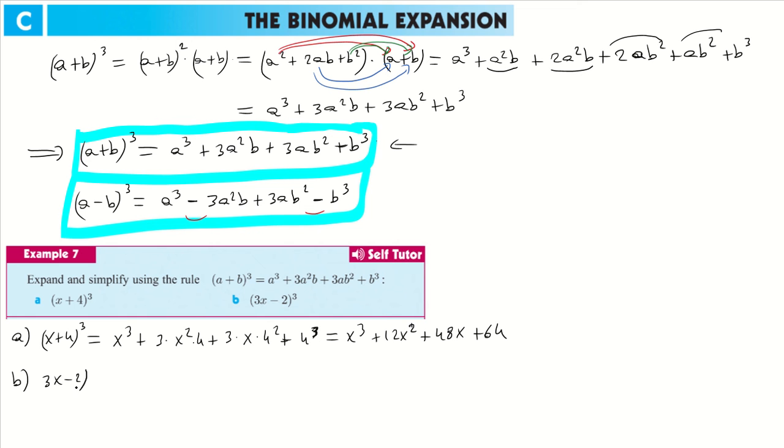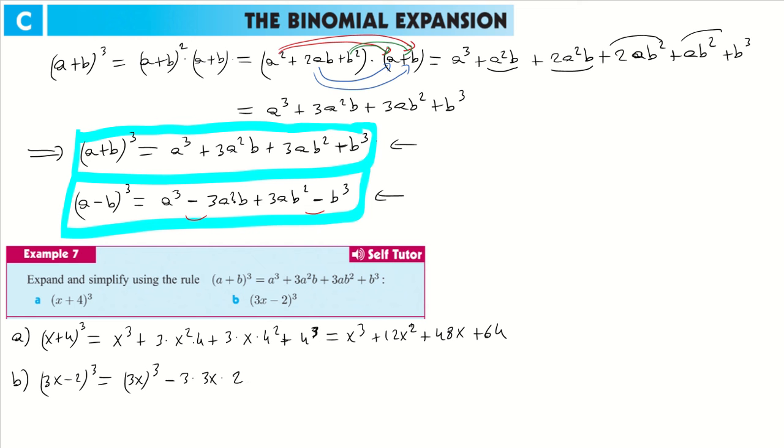Okay. And then (3x - 2)^3. Here we have a minus instead of a plus, so we use the second one. So the a is 3x and the b is 2. So a^3 is (3x)^3. Now instead of a plus we have a minus. Minus 3 times a, which is 3x, times b, which is 2.